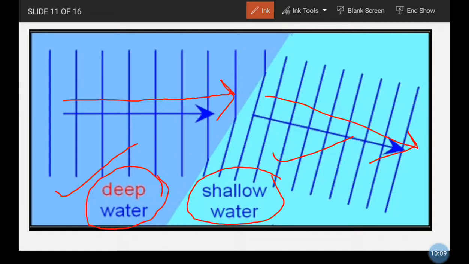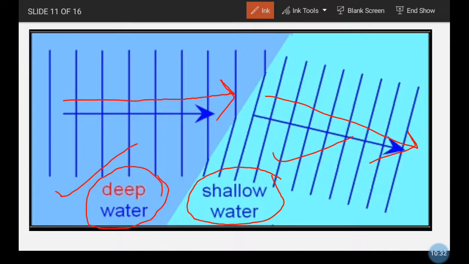So we can explain the refraction of waves in two ways. When a wave enters from one medium into another medium, for example from glass into water, from water into glass, from air into glass, then it bends from its path.